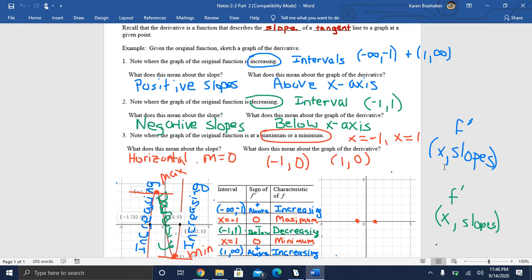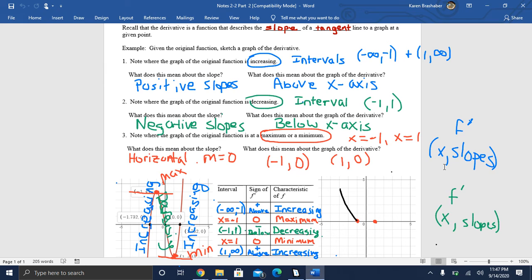But we had from negative infinity to -1. So when your x's are on the far left, they need to be above the x-axis. Now, I don't know where above the x-axis, but I do know that it stops being above the x-axis when I get to my x being -1.